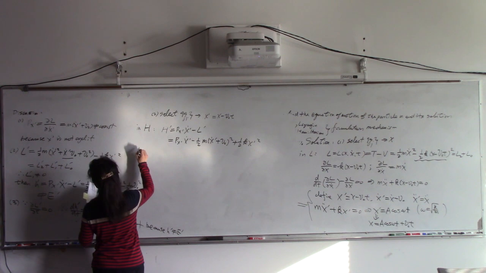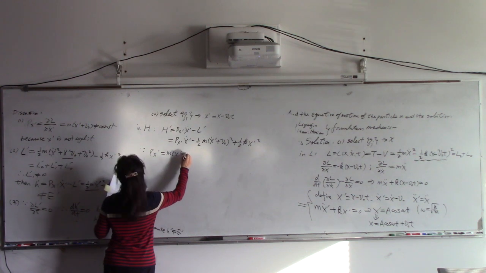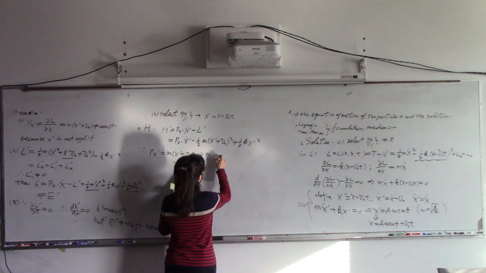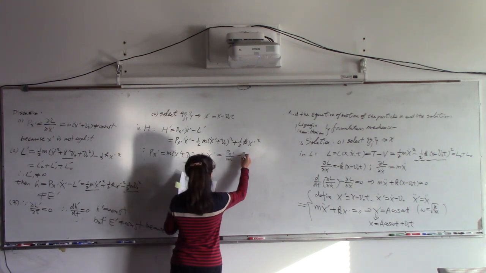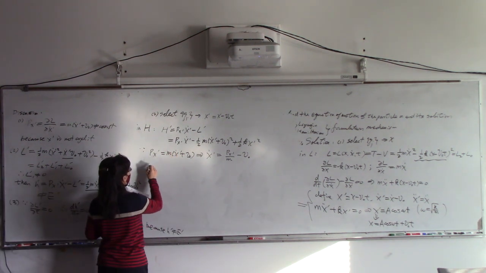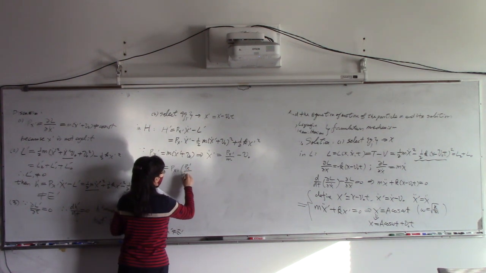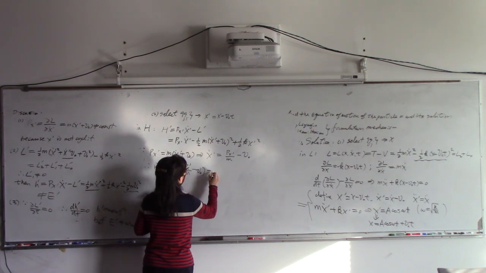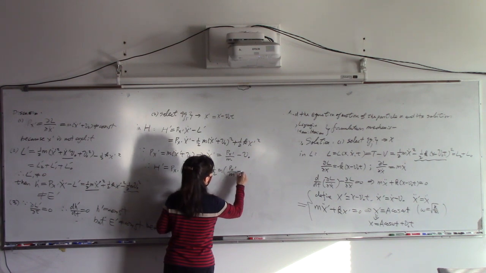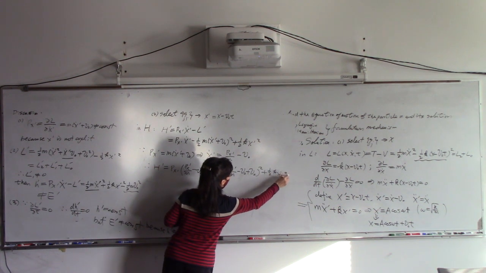Then px prime is equal to m x prime dot plus m v naught. So that gives x prime dot is px prime over m minus v naught, right? Then we substitute this into this, so x prime dot is px prime divided by m minus v naught, minus half of m times (px prime over m minus v naught plus v naught) squared, plus half of kx prime squared.